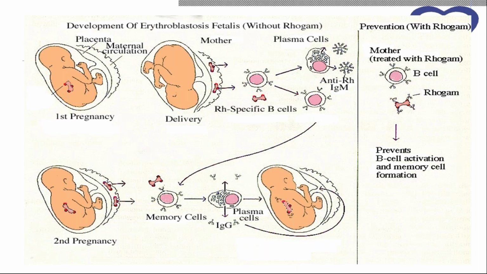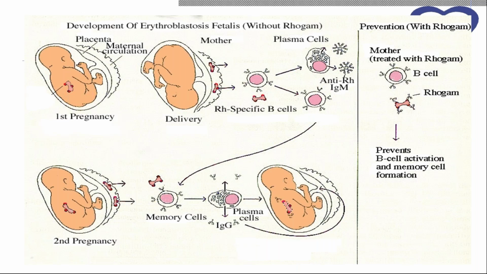Whenever there is a first sensitization event, these IgM antibodies are formed, and they are bigger in size. These are natural anti-D IgM antibodies produced by the mother.